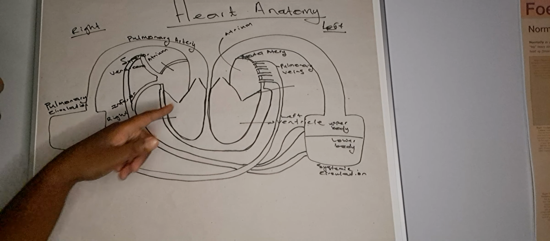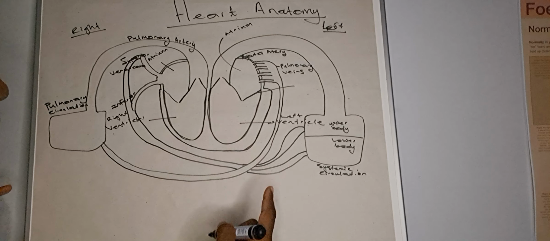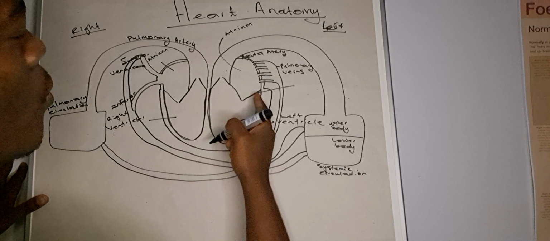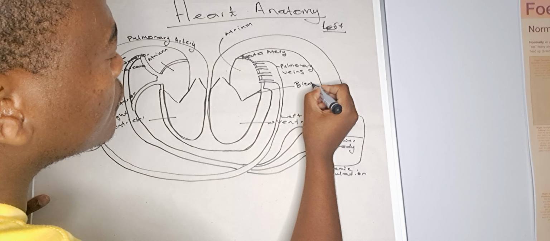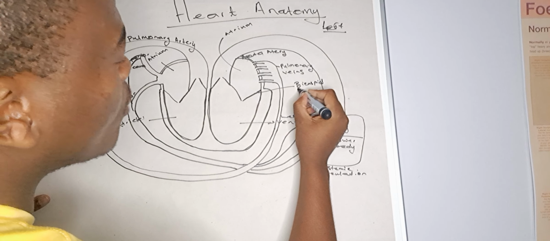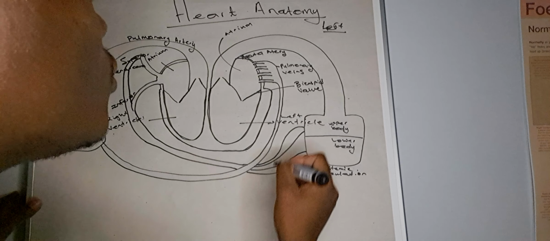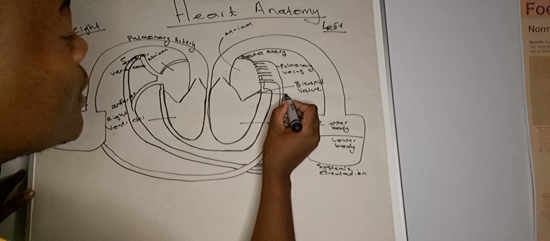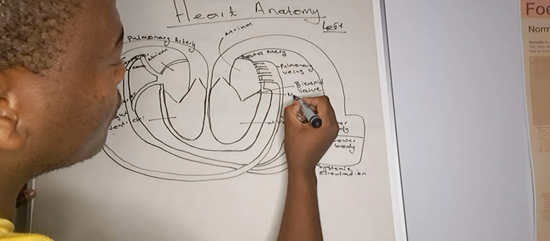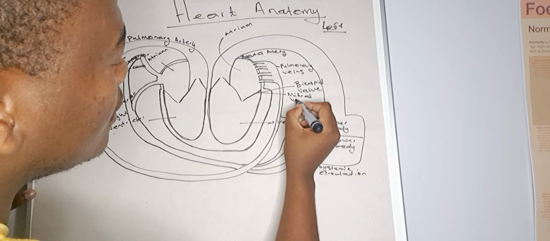But when we specify which valve it is, left or right, we will know where the problem is. So in that case, we will have to name this one the bicuspid valve. This is your bicuspid valve, or you can rather call it the mitral valve. This is just a common name. Mitral valve.